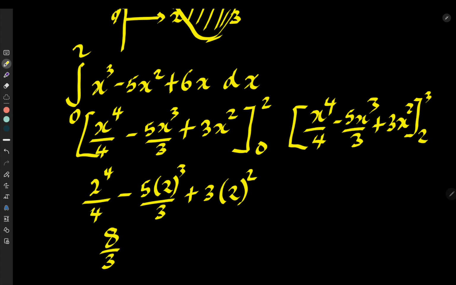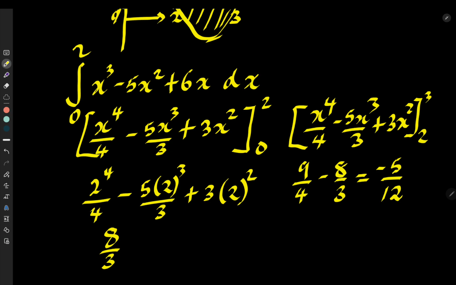Then we do the function of 3 minus the function of 2. The function of 3 will be 9 over 4, then the function of 2 will be 8 over 3. When these are subtracted together, that will give us a negative 5 over 12. So this is the area of the lower part.